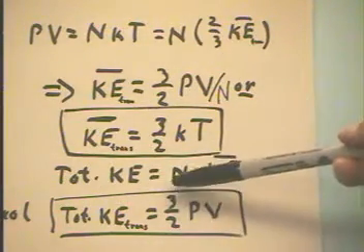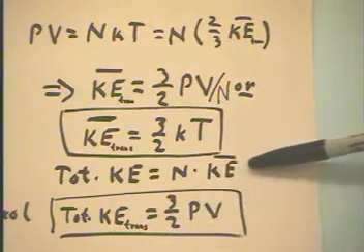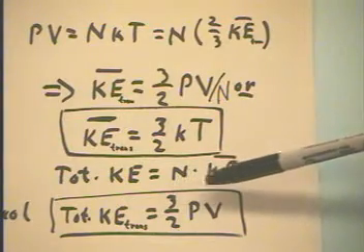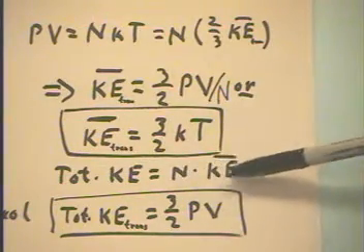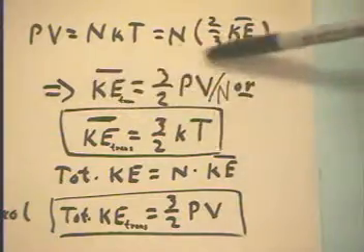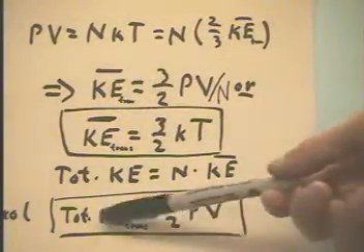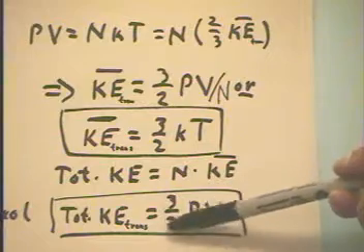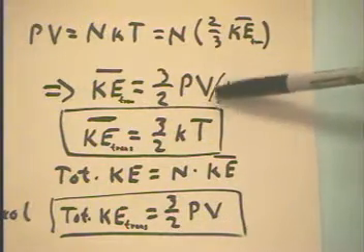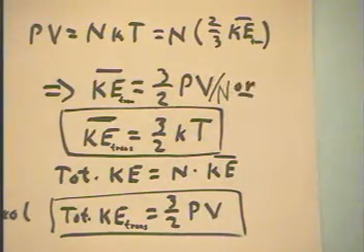Since the total kinetic energy is just the number of molecules times the average kinetic energy, we multiply N times the average translational kinetic energy here, and see that the total translational kinetic energy is 3/2 PV, just what I had written here without the N in the denominator.